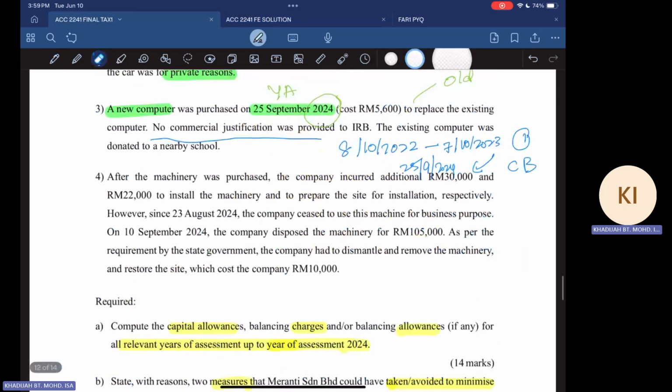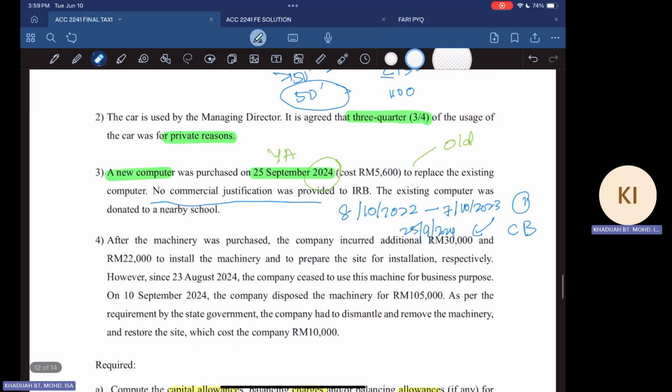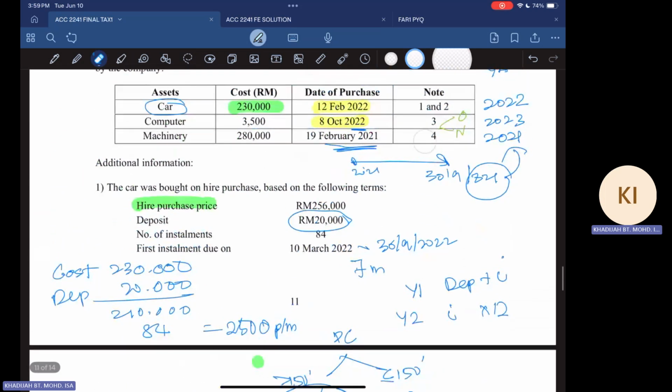And then we have another asset, which is the machine purchased by the company. So what is this machine? Note number 4, refer to this machine of 280,000, which was purchased on 19 February 2021. And this is YA 2021, right? Because year end is 30th September.